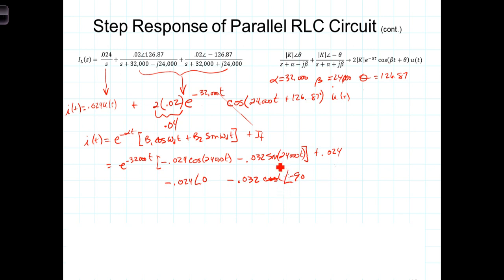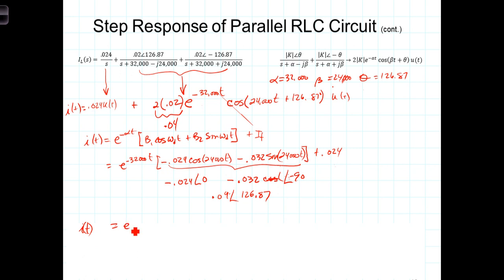The cosine of the angle minus 90 degrees is equal to the sine. So adding those two terms together using phasors gives us 0.04 angle positive 126.87.